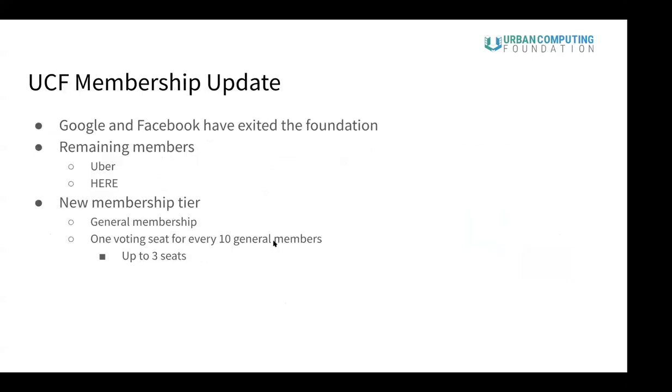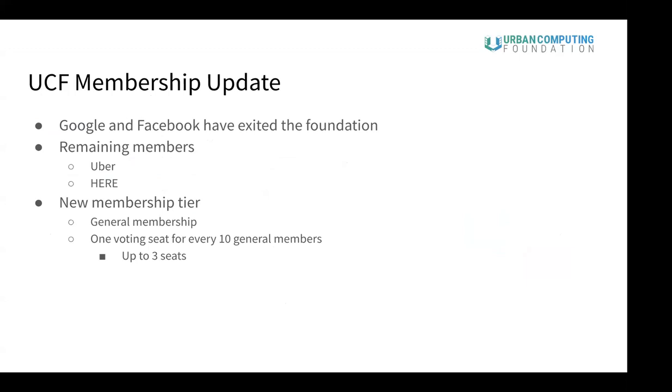So we have some UCF membership updates. On the board side, originally we had Google, Facebook, Uber, and HERE as UCF members, and you guys are on the technical committee. Last year, Google and Facebook exited the foundation.